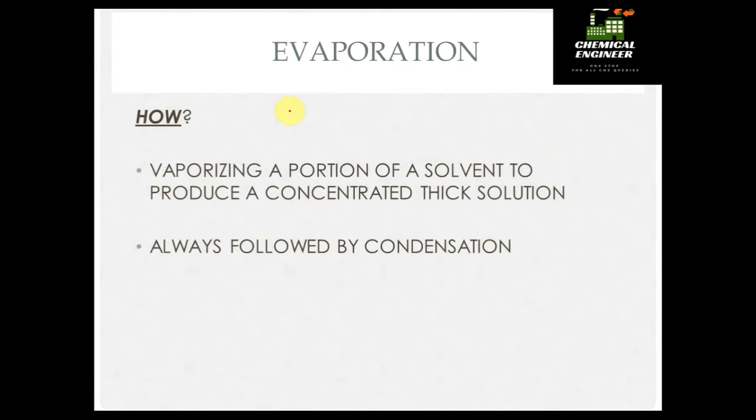How does it work? The working of evaporation is based on the vaporization of a portion of solvent to produce a concentrated thick solution. Evaporation is used only when the difference in relative volatility between the solvent and the solute is very high.